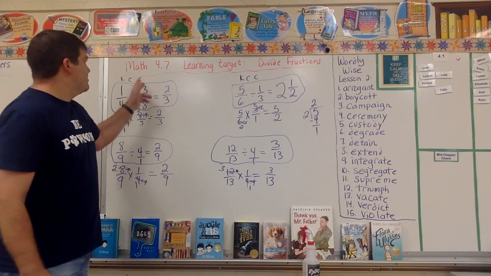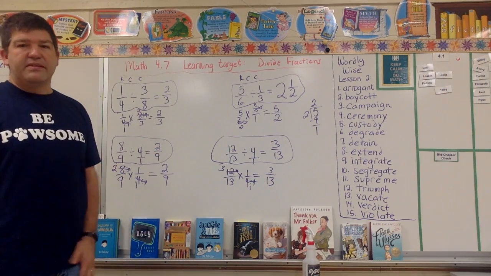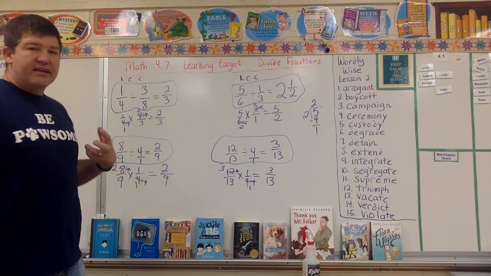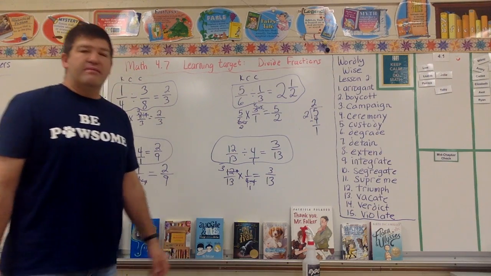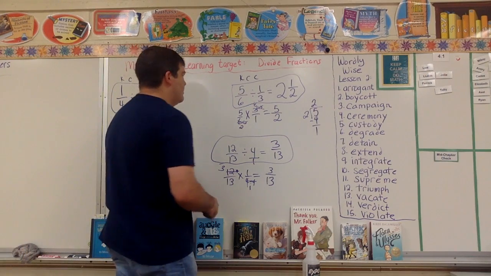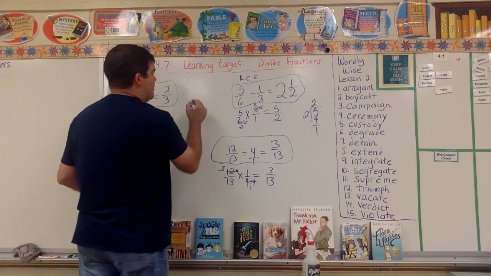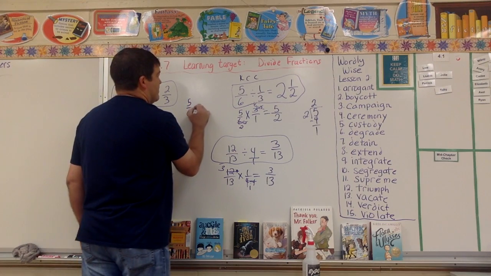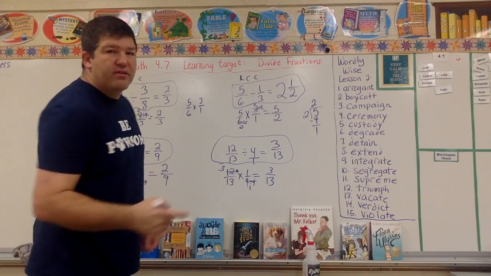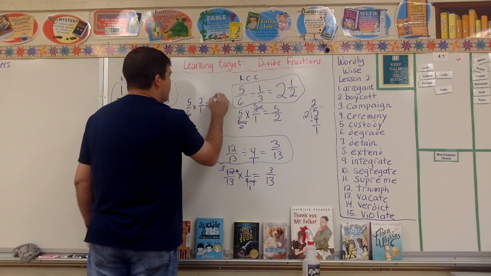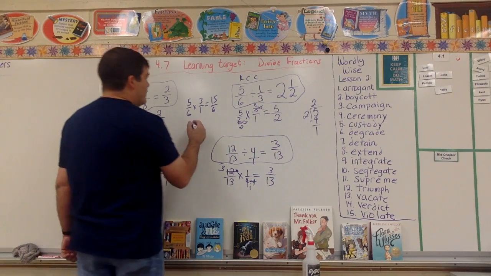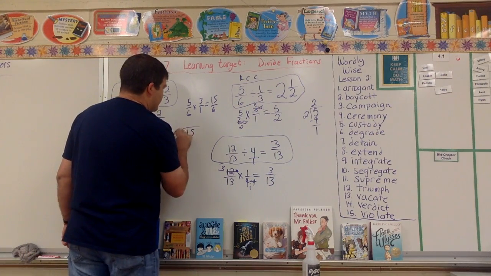Okay? So that's dividing fractions. You keep, change, change. You need to do the reciprocal. Simplify. It's always a good idea, I think, to simplify before you do it. It doesn't matter. I mean, you could simplify it afterwards. So, for example, this one, 5/6 times 3/1. If I didn't do the simplifying before, it would just be 15 over 6. And then I would do 15 divided by 6.